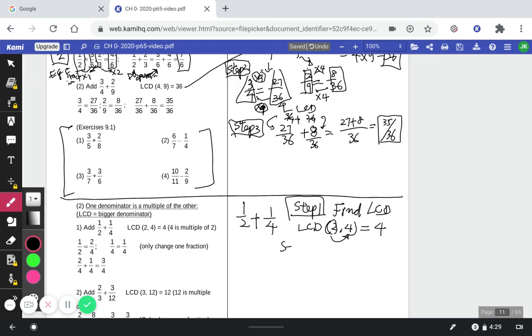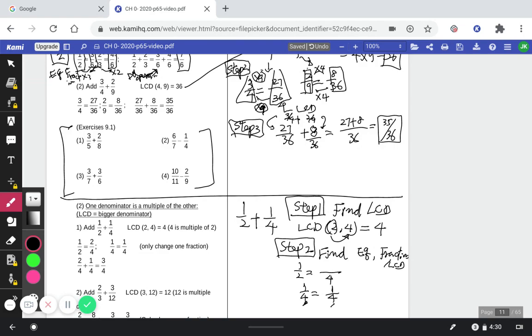Now step 2, find the equivalent fraction of each. So 1/2 in terms of the LCD, in terms of 4, and 1/4 you also have to get in terms of 4. Now 1/4 is already in fourths, so you don't have to change anything.